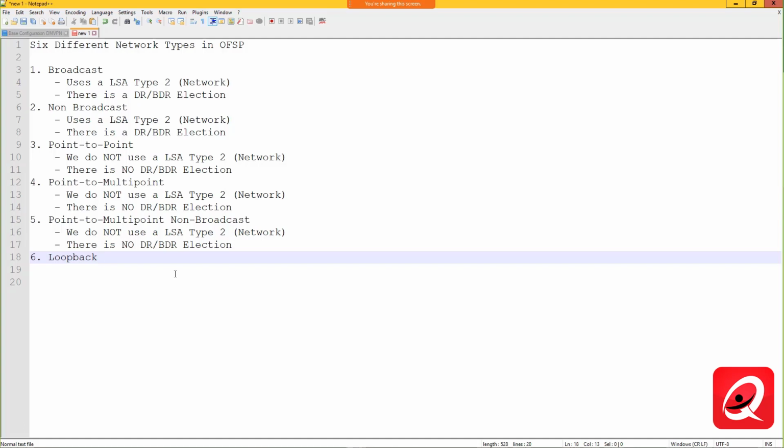Okay? If you run into a situation where the network types are not compatible, you're going to end up with a situation where it might look like the nodes can form an adjacency, but during LSA flooding, they're not going to be able to solve the shortest path first tree, and they're not going to be able to route traffic to the prefix destinations.